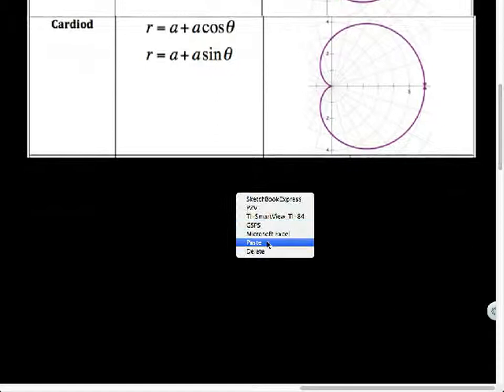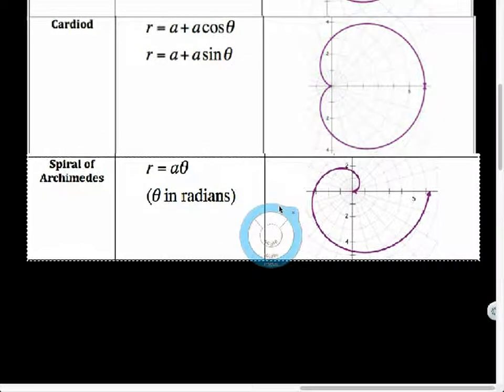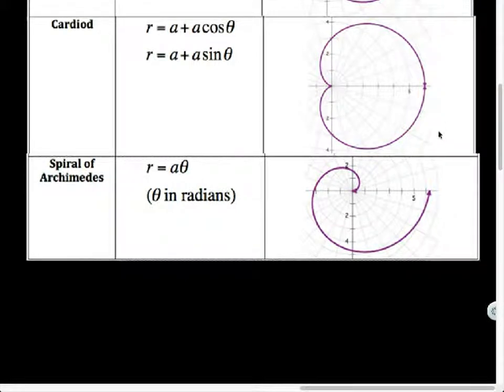This function can be used to model mollusk shells, snail shells, different creatures, or the spiral arms of the Milky Way galaxy.